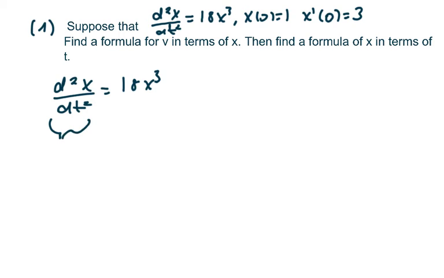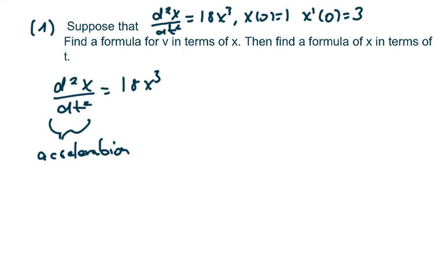We have to take into consideration the fact that x is a position function. Thereby, if we are taking the second derivative of the position function, as you may probably recall from calculus 2, it's the acceleration. So this is the acceleration.